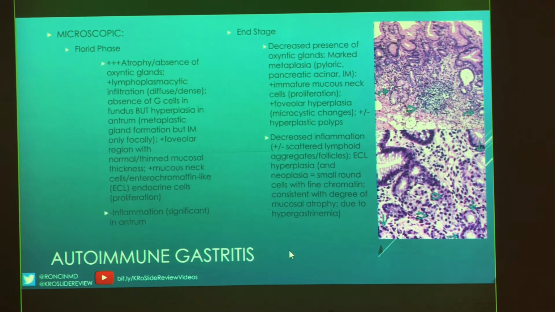Pretty much what happens is you get more and more atrophy and less inflammation as it goes along, and you can also get ECL or endocrine cell proliferation. This is important when you're thinking about the endocrine cell proliferation and then they're getting these polyps. These patients are also at increased risk of not only endocrine cell proliferation, but hyperplastic polyps.